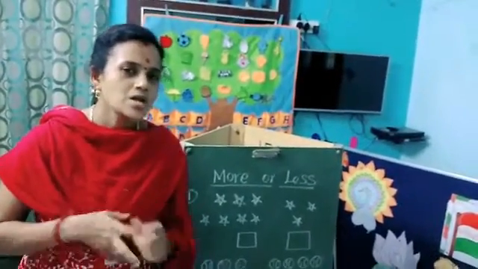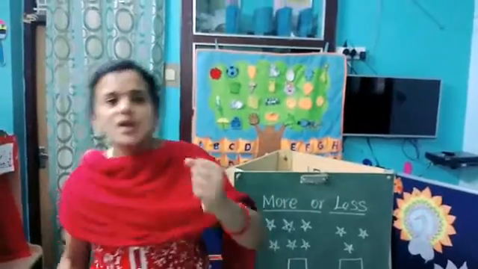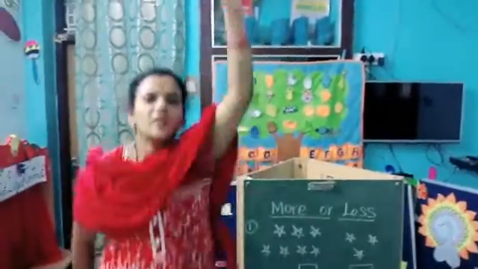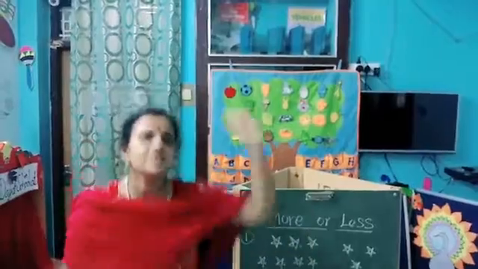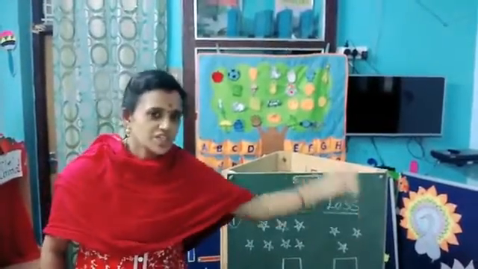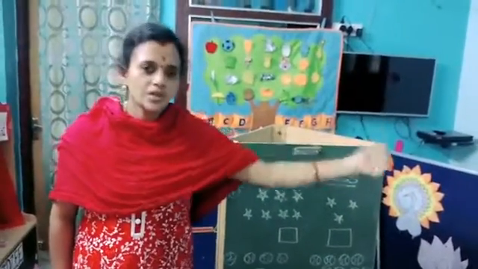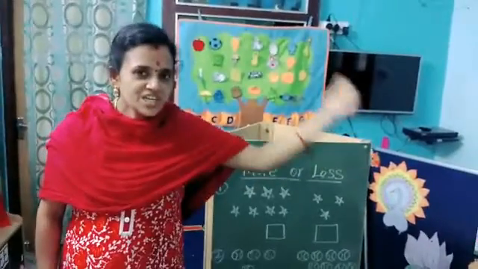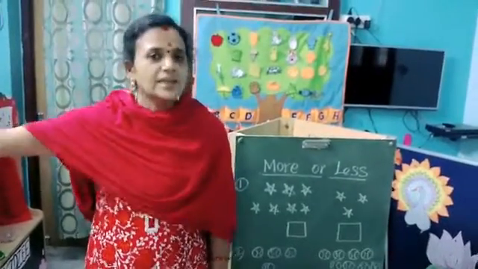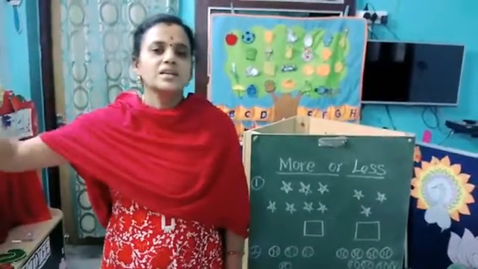Everybody stand up. Come on. 1, 2, 3, 4, 5, 6, 7, 8, 9, 10. 10 after 11, 12, 13, 14, 15, 16, 17, 18, 19, 20. 20 after 21, 22, 23, 24, 25, 26, 27, 28, 29, 30. 30 after, come on, 31, 32, 33, 34, 35, 36, 37, 38, 39, 40.